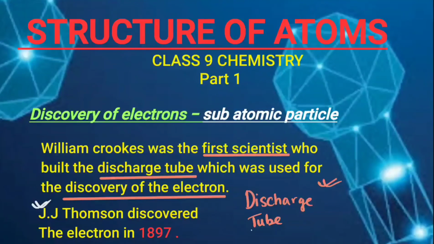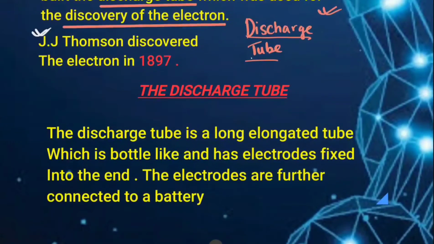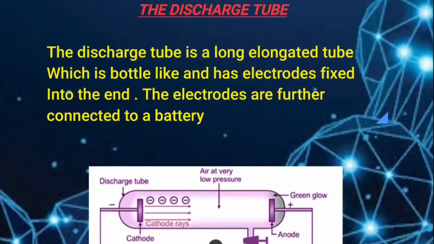So now let's first understand what we mean by discharge tube. We need to understand what the instrument actually is, and how the effects were actually produced. So let's learn about the discharge tube.